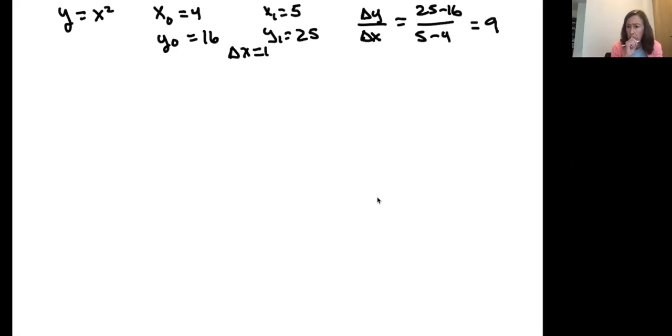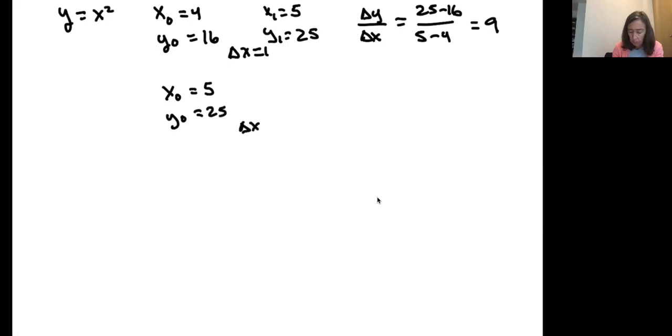Let's go through basically the same process as before. Let x0 be 5. Okay, so my ending point from the first example is going to be my starting point here. y0 is 25.